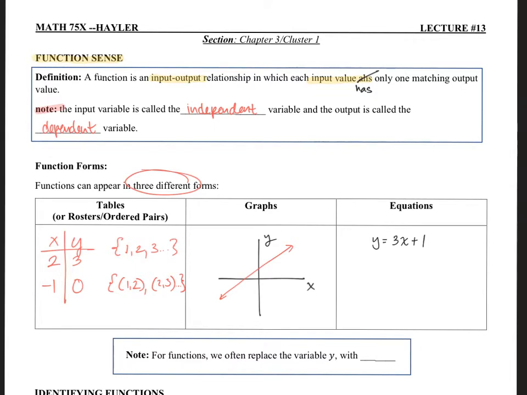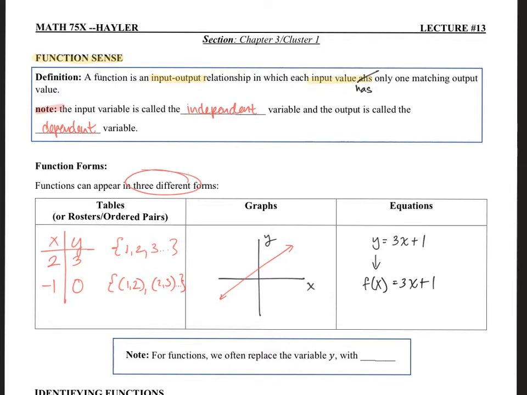Now, the special thing to note here when we're looking at functions, okay, this is very special, so please pay attention. Sometimes, instead of making someone guess if your equation is a function, other mathematicians will be nice and say, you know what, I'm going to let you know this is a function. And how will I do that? Well, I'm going to replace y with f of x.